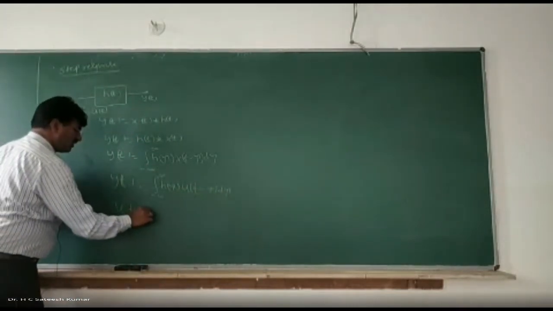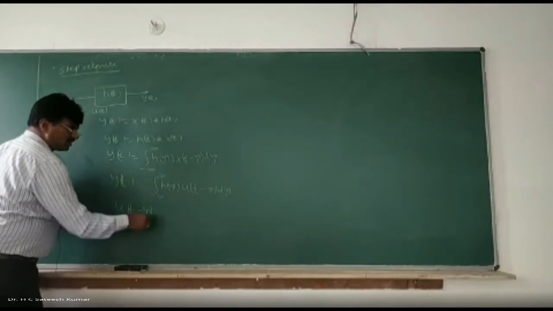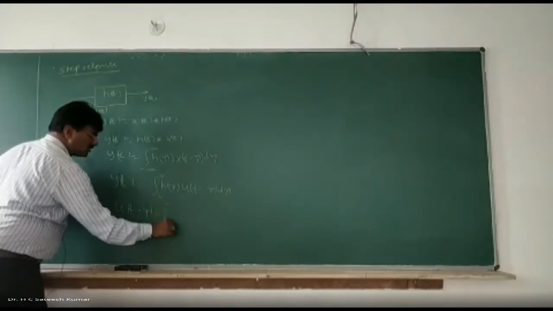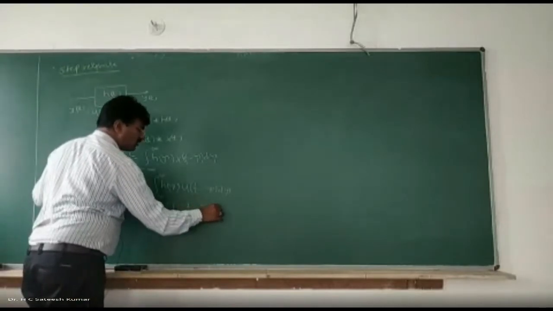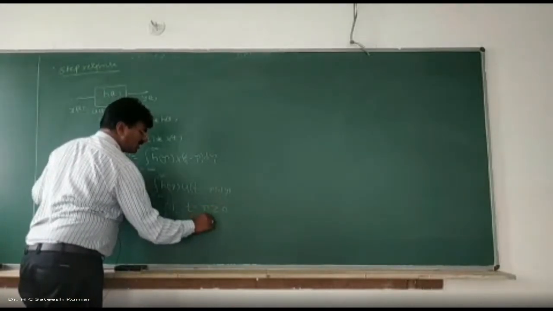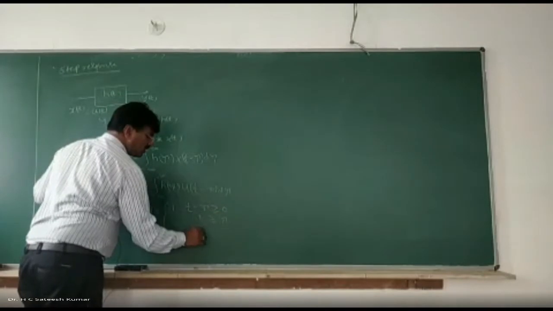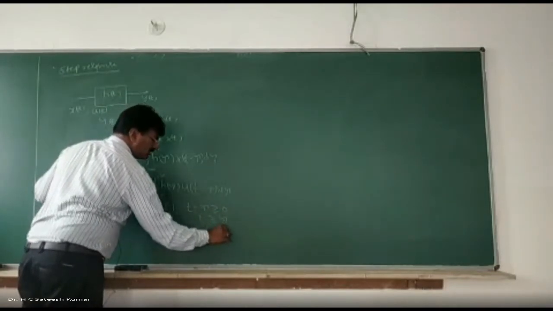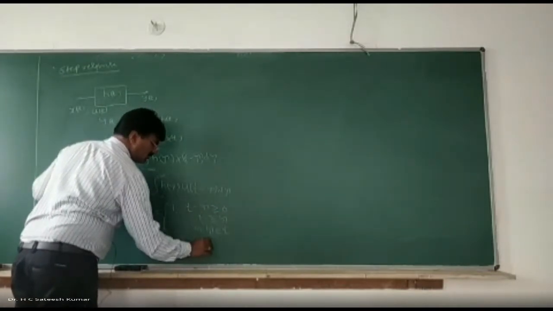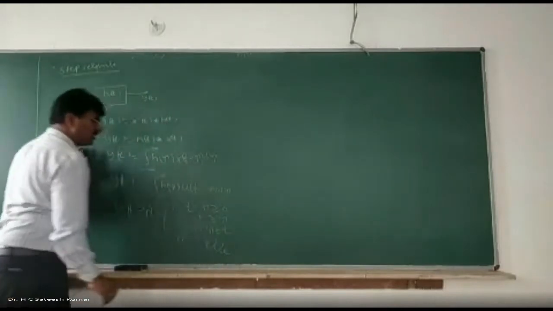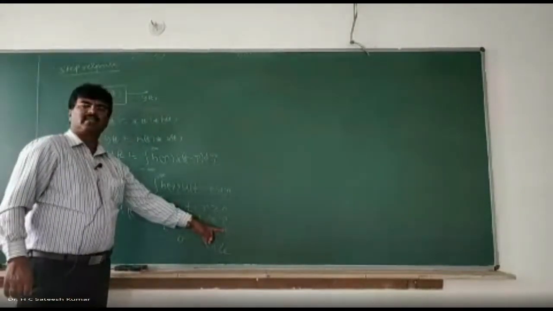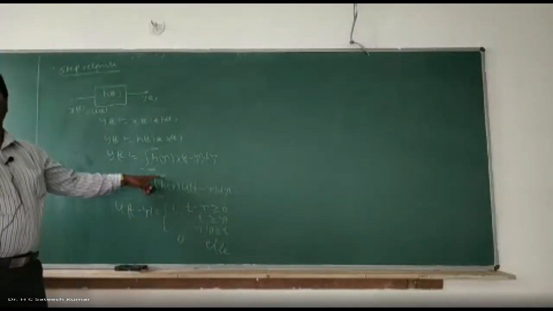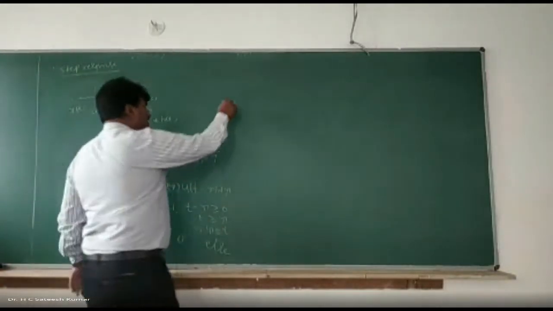It is equal to 1 for t minus tau greater than or equal to 0, or t greater than or equal to tau, or tau less than or equal to t, and is equal to 0 elsewhere. The meaning of this is what? The maximum value tau can attain is t. So you will get minus infinity to t. Therefore, you can write it.